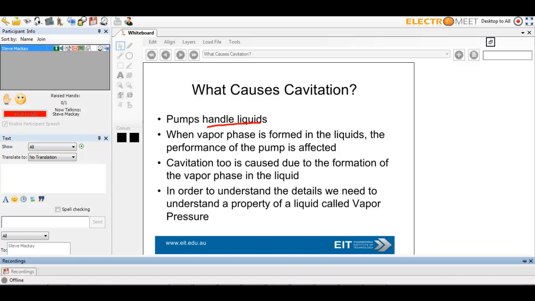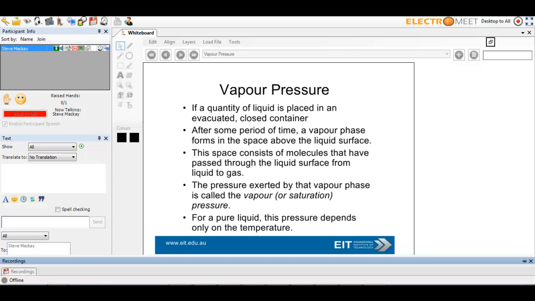Essentially we just need to understand what vapor pressure is before we can actually explain what cavitation is. So if you think about a quantity of liquid in a closed container, you get a vapor forming above the liquid, and the pressure exerted by that vapor phase is called the vapor pressure.